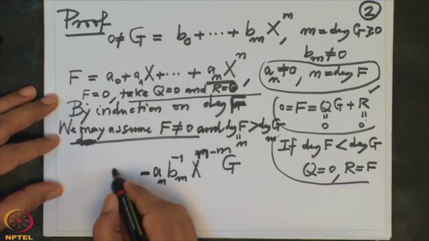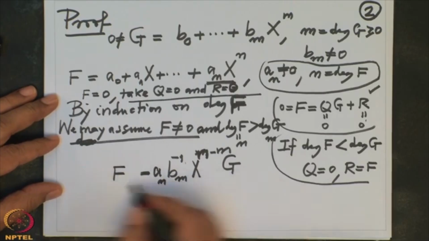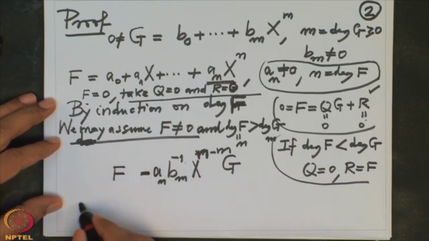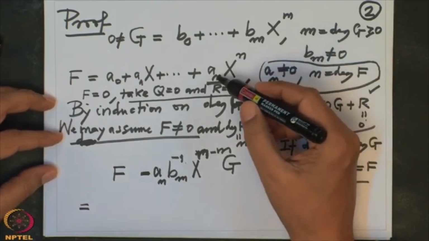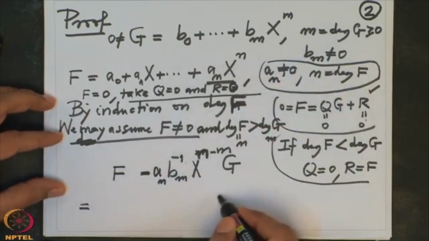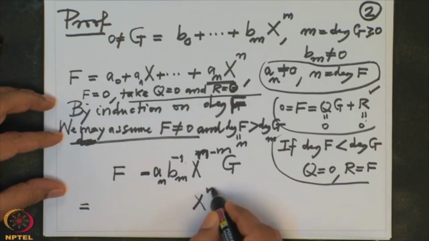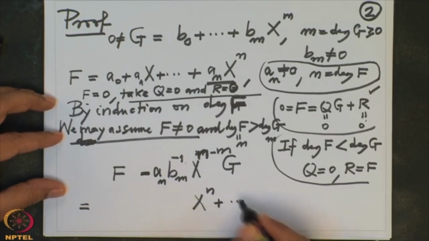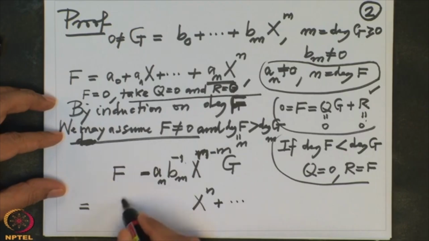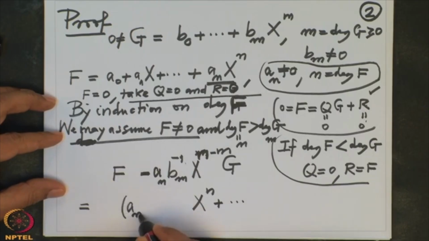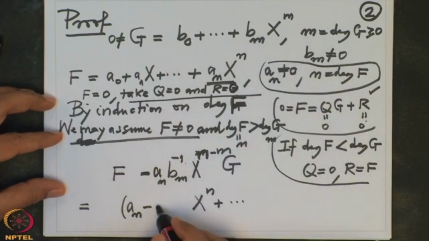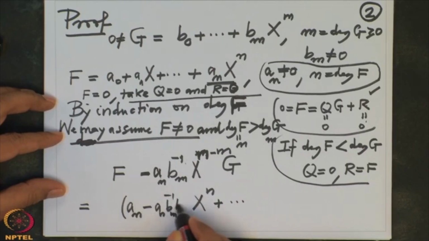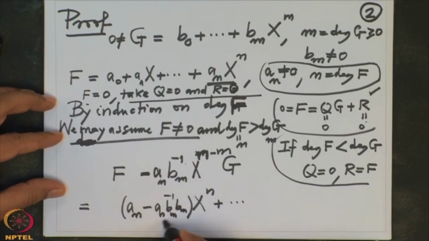And then subtract this quantity from f. What do I get? Let us look from the top degree, that is an x power n. I want to compute the coefficient of x power n plus lower degree terms. From here it is coming an, from here it is coming an, bm inverse and bm. So that is an, bm inverse, bm, but then this is 0.